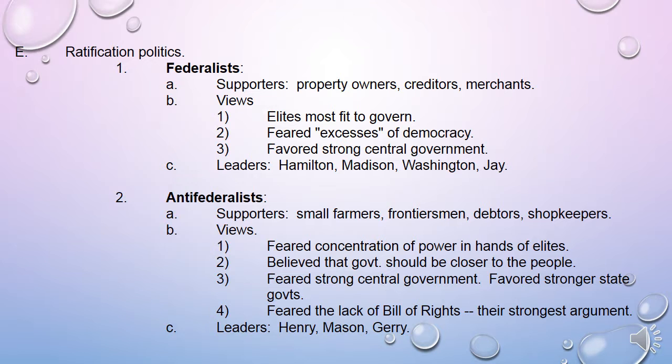They believed that government should be closer to the people. They feared a strong central government. They favored strong state governments. A lot of these people were from the South, not all of them. They feared the lack of a Bill of Rights. So that was their strongest argument. And their leaders were Henry, Mason, and Gary.